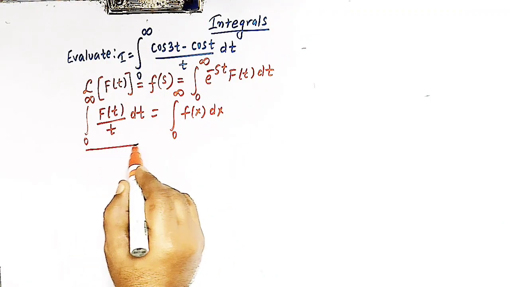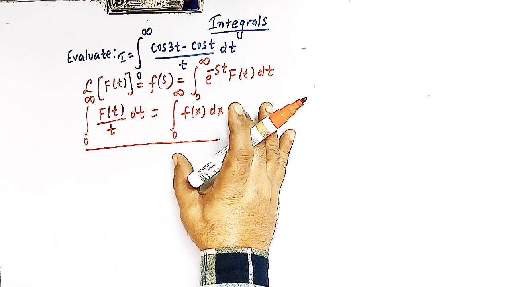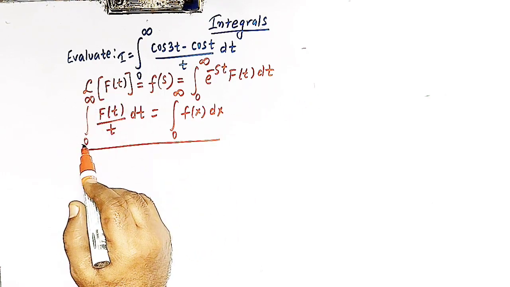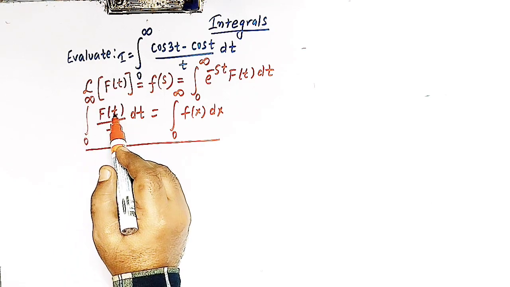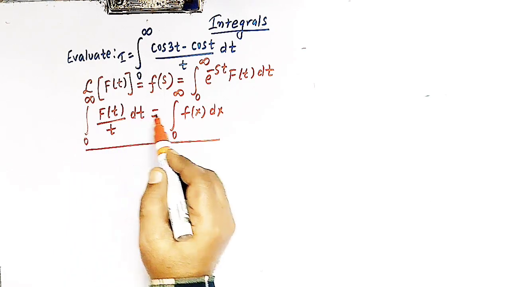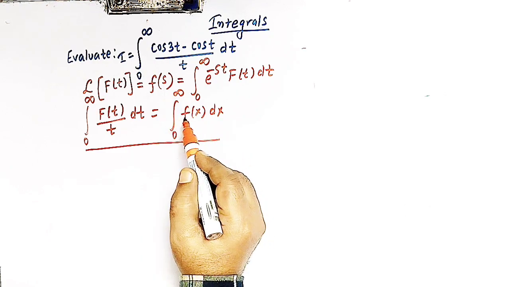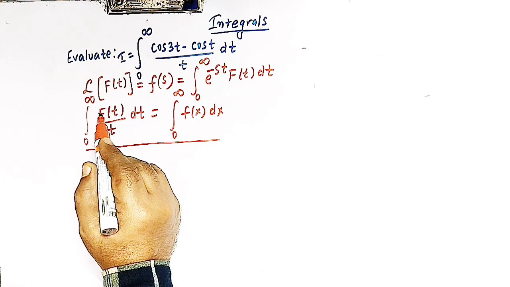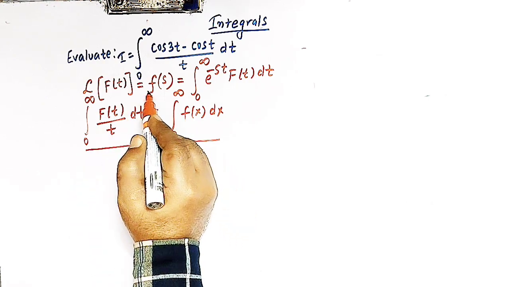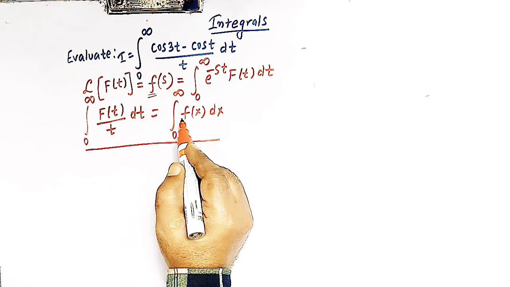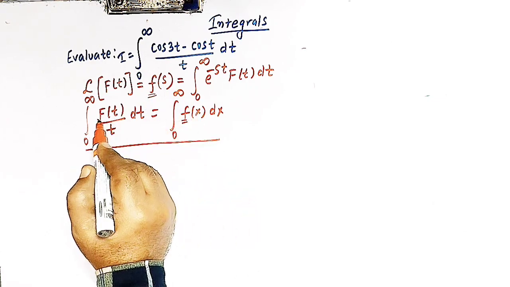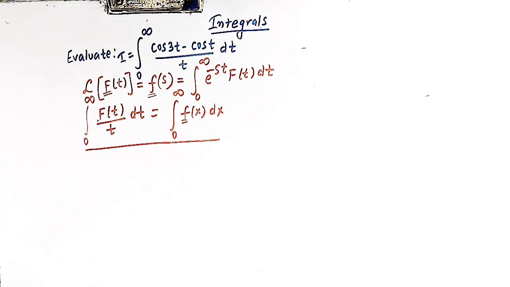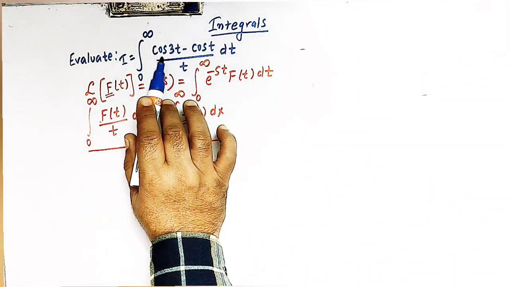So this is an important property related to the Laplace transform of a function. It is important to note that here we have the capital F, that is F of t, and here the small f, that is f of x.